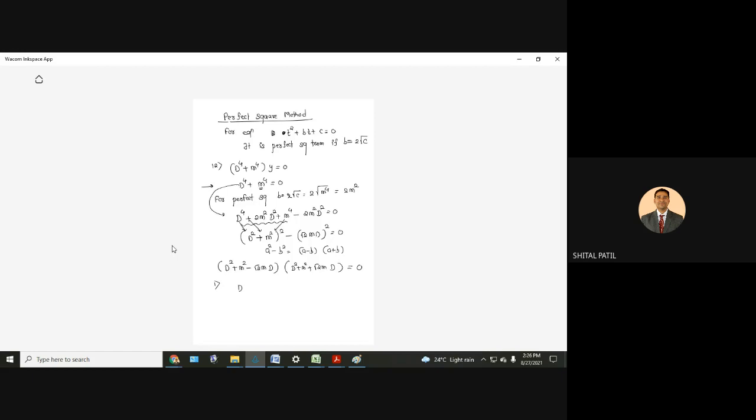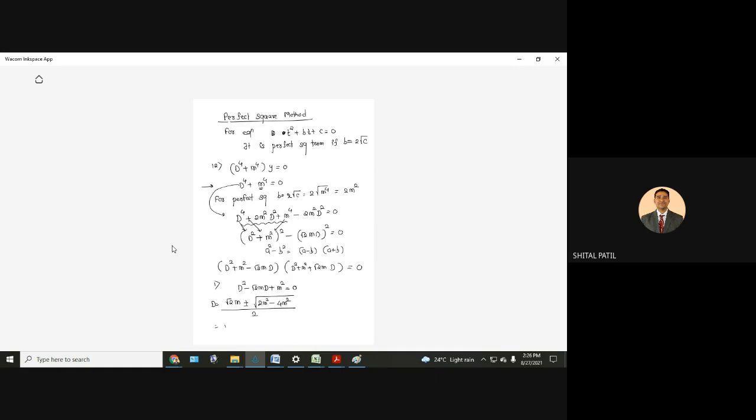Now the first part, d square minus root 2md plus m square. Solve the quadratic equation. So d equals, let me write it directly, minus b plus minus root of b square minus 4ac divided by 2a.